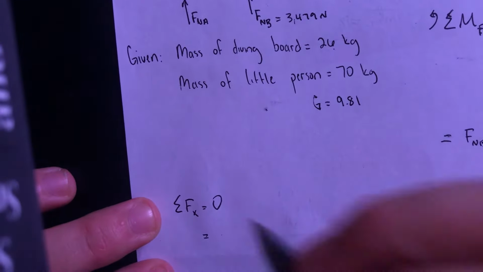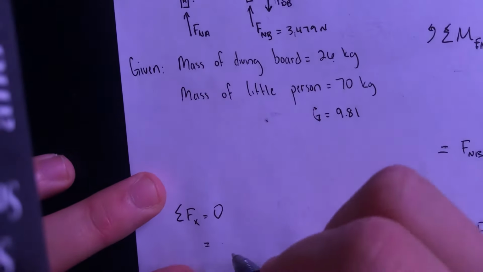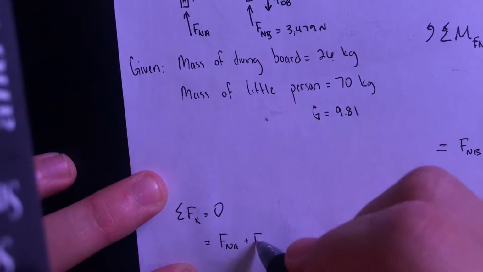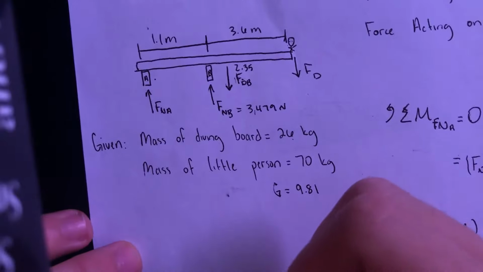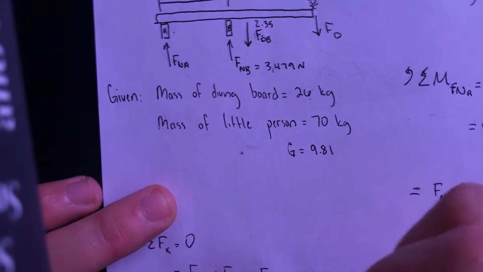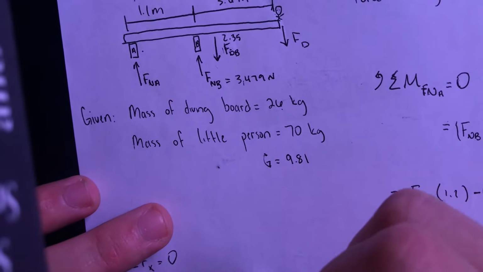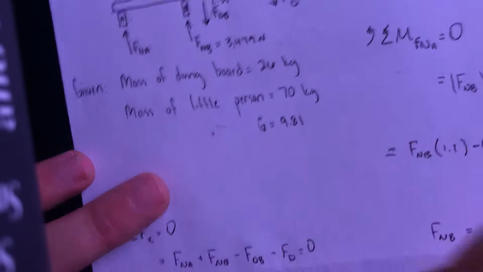So from there, since Fn's moving up in the positive and those are moving in the negatives, you would just say Fna plus Fnb minus Fdb of the diving board minus the force of the diver. You set that equal to 0.